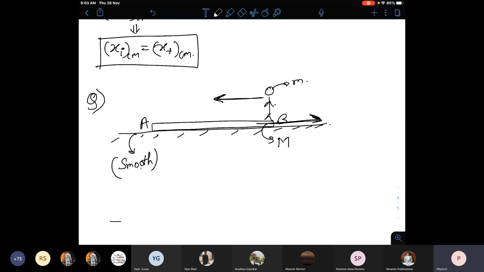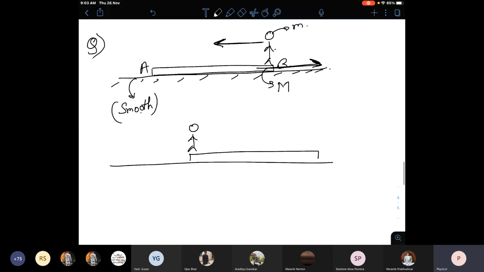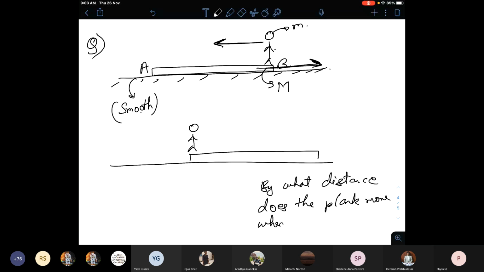Now what they ask is, the question will be asked, let me write the statement: by what distance does the plank move when the man, relatively, reaches point A?